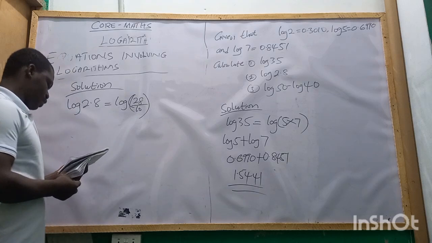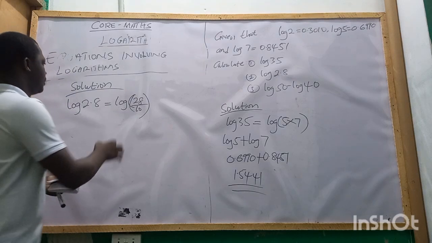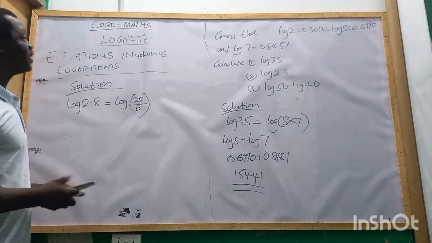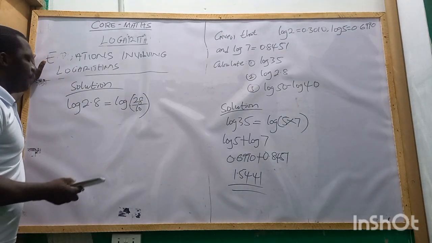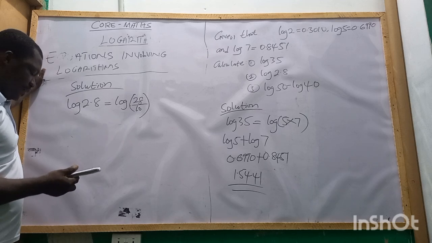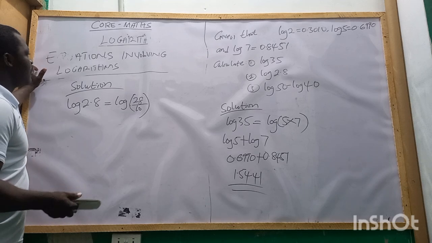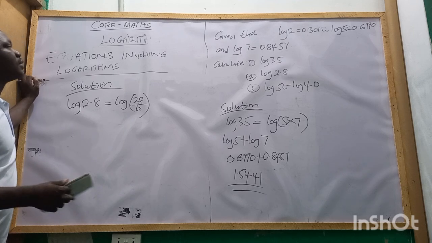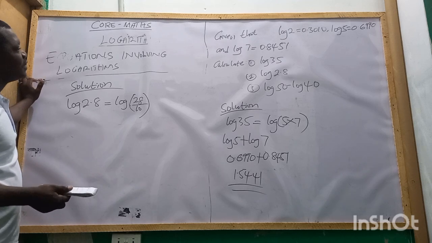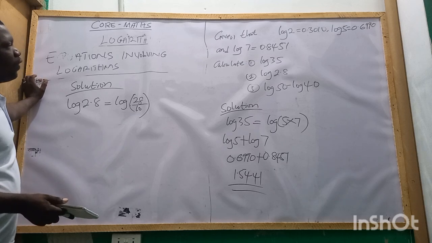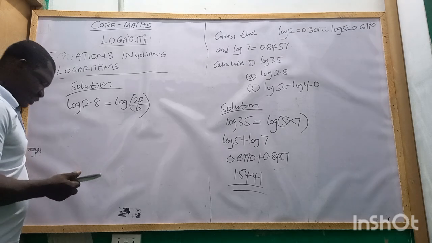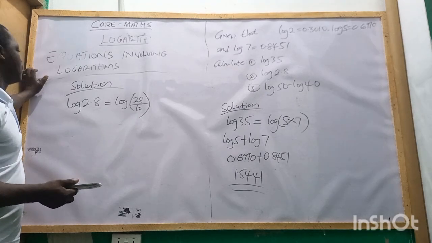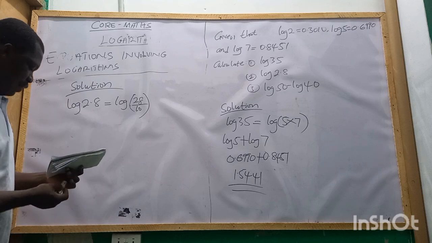We have log 28 over 10. Right. How can we manipulate 28 to get what has been given to us: log 2, log 5, log 7? I know that 4 times 7 or 7 times 4 gives me 28.